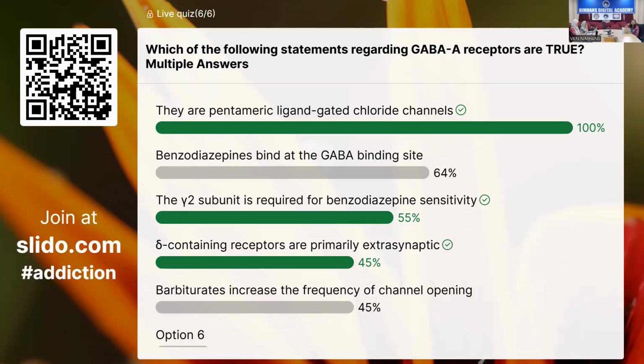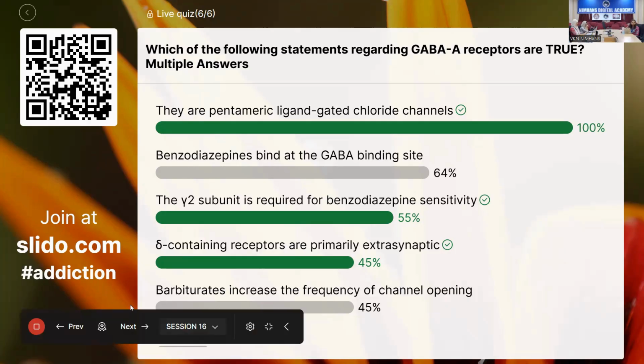The delta receptors are the usual tonic ones, extrasynaptic receptors maintaining the tonic phase, basically for maintaining the action potentials. And for the last option, barbiturates increase the duration of the chloride channel opening rather than the frequency. The benzodiazepines increase the frequency of the chloride channel opening, but the barbiturates increase the duration. So this is the difference between them.